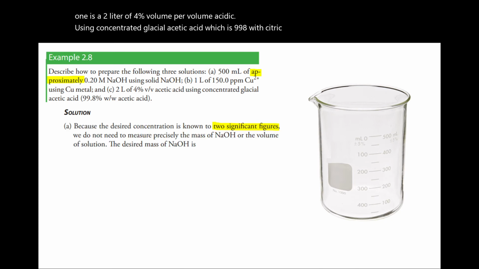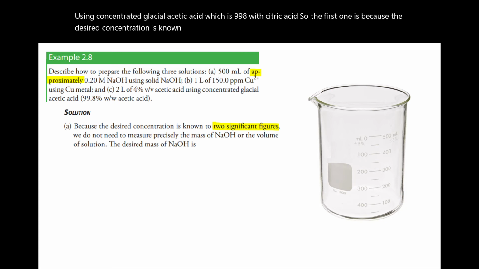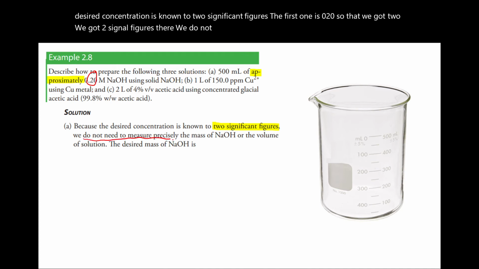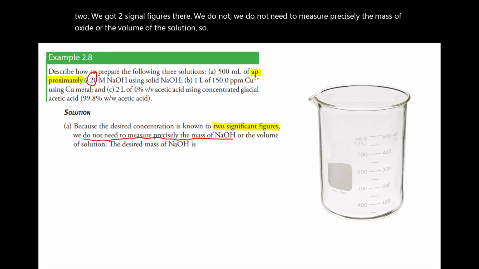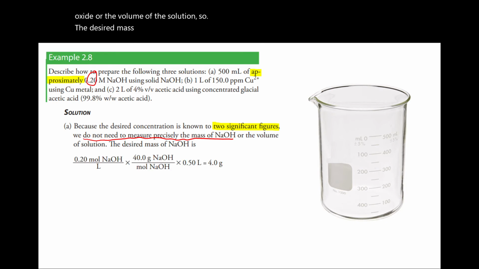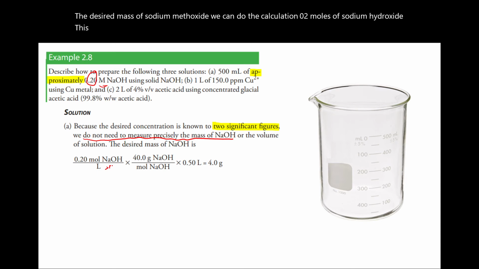For the first one, the desired concentration is known to two significant figures. It is 0.20, so we have two significant figures there. We do not need to measure precisely the mass of sodium hydroxide or the volume of the solution. For the desired mass of sodium hydroxide, we calculate 0.20 moles of sodium hydroxide per liter of solution.